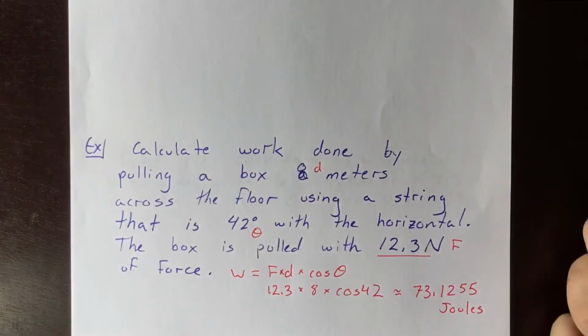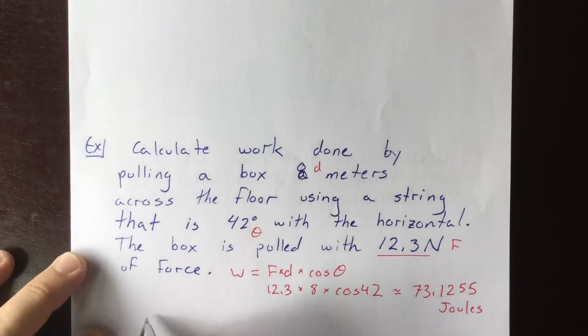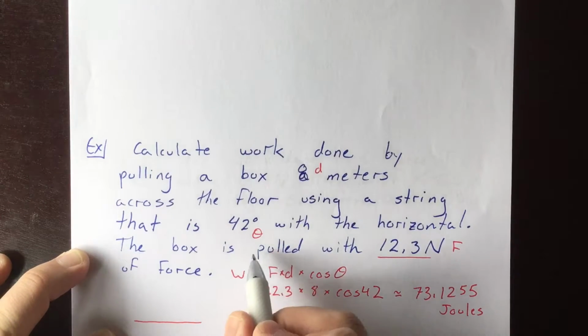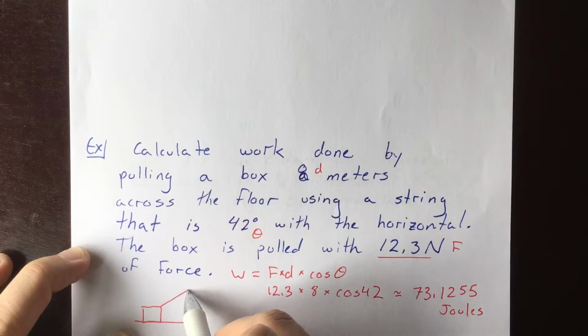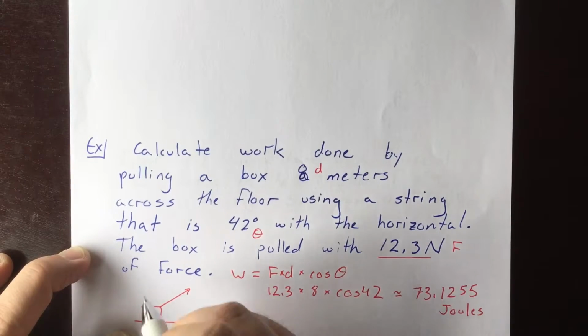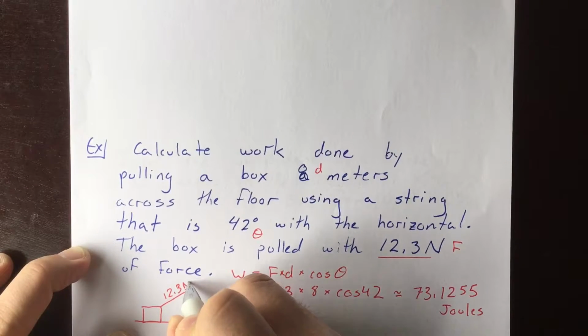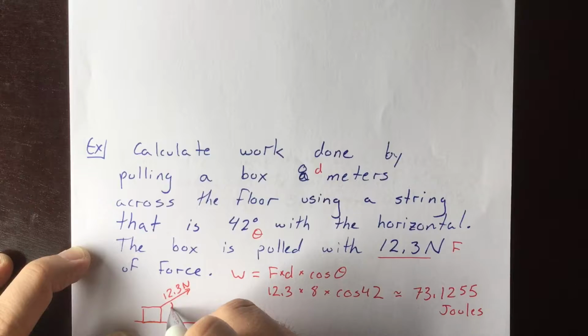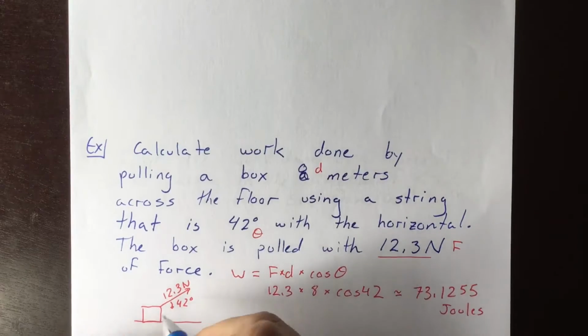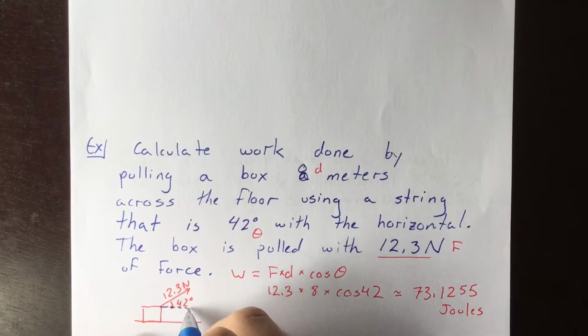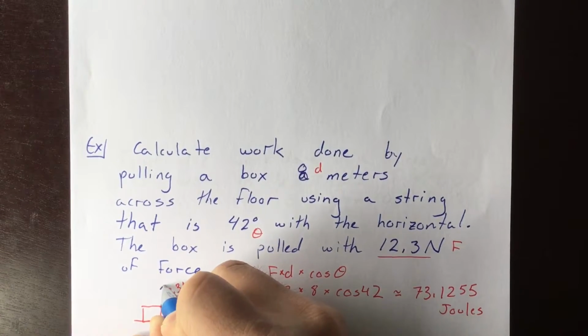All right. So I'm going to take a quick moment here to give you a visual. So we have a box. We have a string on a box, and that string is being pulled at 12.3 newtons with an angle measure of 42 degrees. So we have learned how we can take that magnitude with this angle measure and look at the components, right?